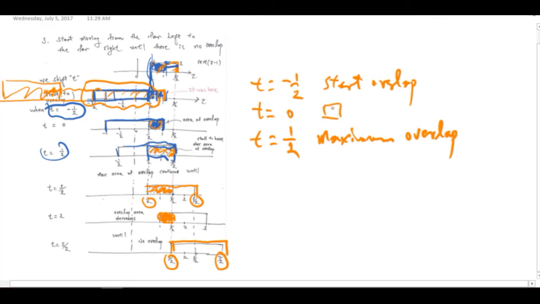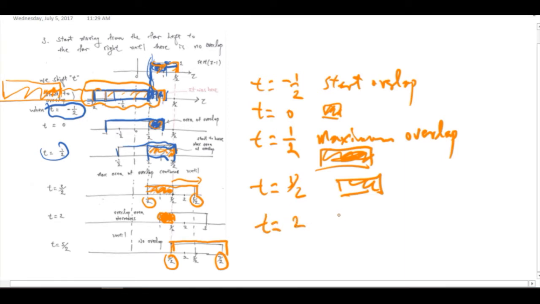We have a little bit of area. At maximum overlap, and when t is equal to 3/2, we also have maximum overlap, but the waveform starts to move there. So when t is equal to 2, we don't have any more overlap. That is what it is about.